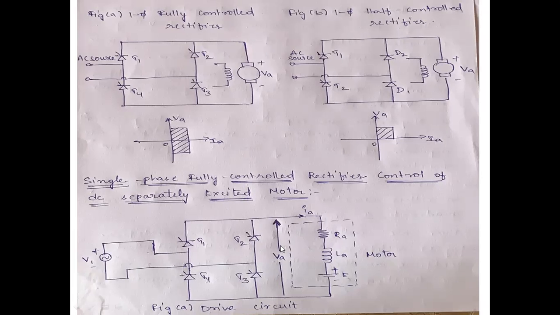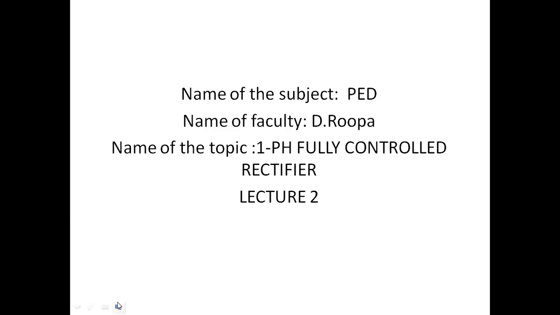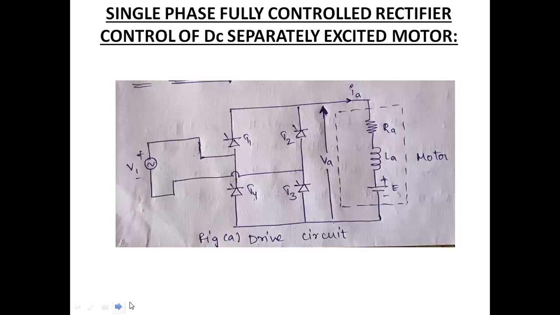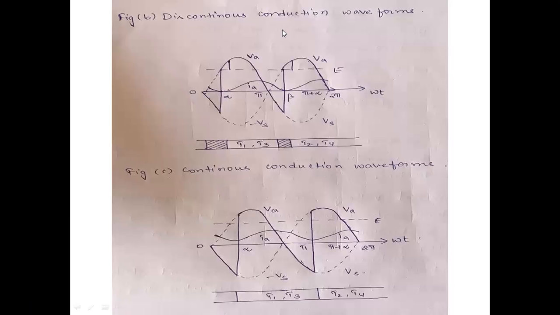Now you have to see that there are two conduction waveforms: the first one is discontinuous and the second one is continuous. When the armature current IA is not continuous, it is termed a discontinuous conduction waveform. If you see figure B, this is the discontinuous conduction waveform.